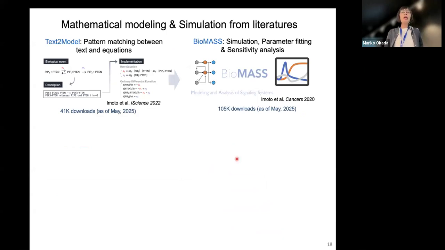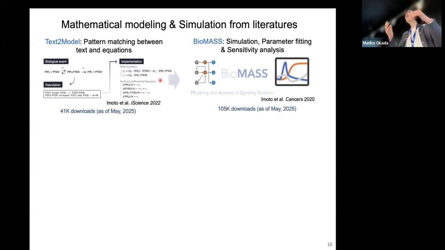So we now have the text model, and we also have the pipeline called biomass. The biomass can do the parameter estimation and also the sensitivity analysis without the need of skilled knowledge. And we can combine the text model and biomass.